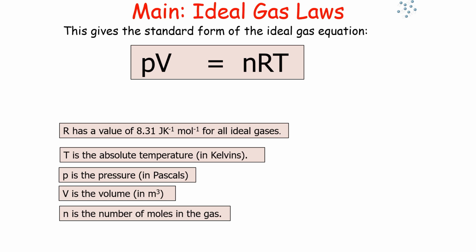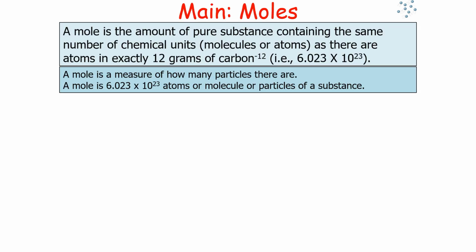Now, what do we mean by the term mole? A mole is the amount of a pure substance containing the same number of chemical units, either molecules or atoms, as there are atoms in exactly 12 grams of carbon-12, which is 6.023 times 10 to the 23. So basically, a mole is a measure of how many particles there are.